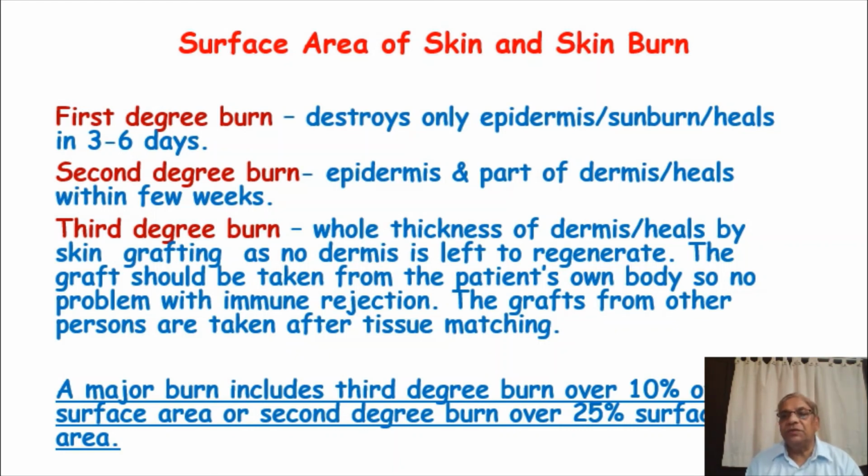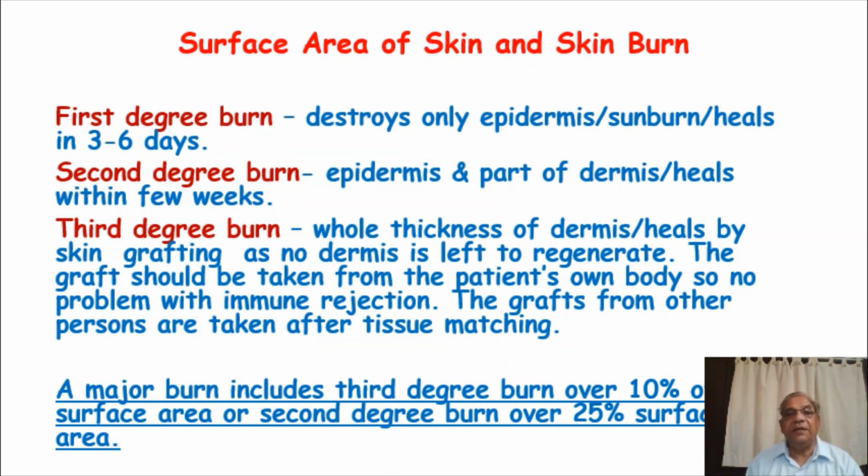This 10% body surface area is a very small area compared to the 100% of the body surface area. But here the thickness of the skin burnt is the total thickness, so it is considered a major burn.